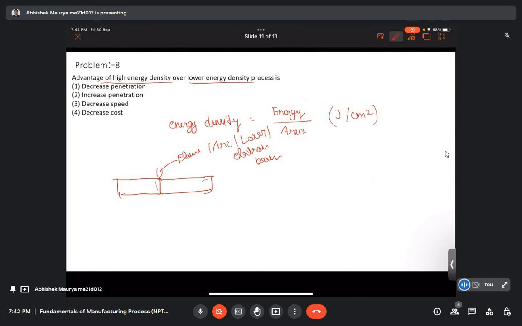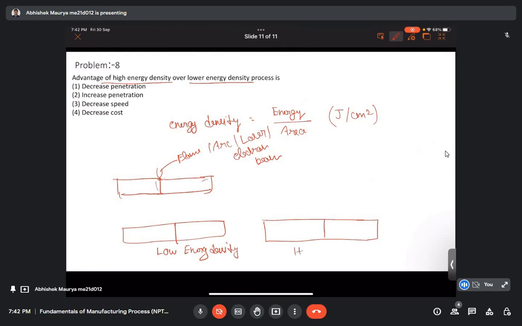If energy density is not higher, then we have to supply the heat over a larger area. So here we are taking two cases: low energy density, and here high energy density.